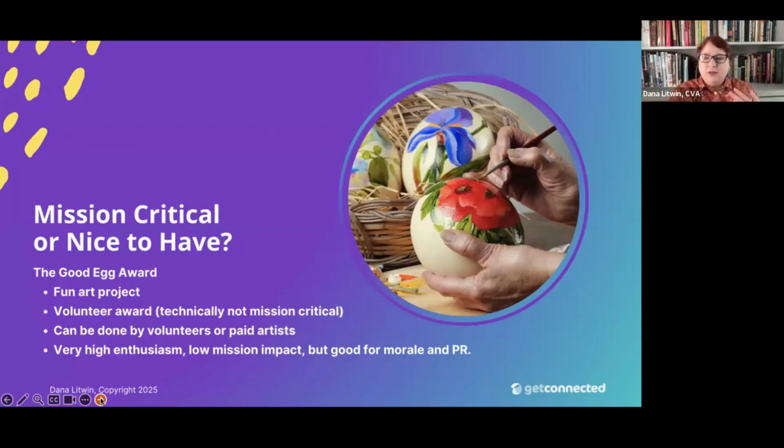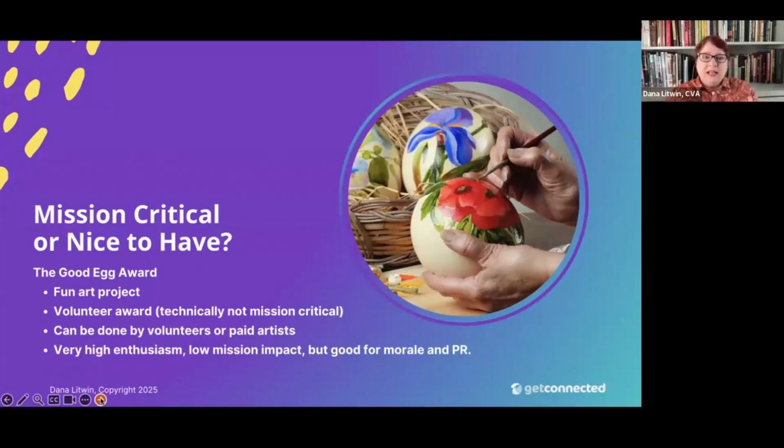So there was very high enthusiasm. People were excited to get a decorated egg, usually customized with their favorite animal and inscribed with their name. It didn't necessarily have a high mission impact. It didn't have anything directly to do with animal care, other than we had a lot of extra ostrich eggs all the time. But it was fantastic for morale and PR.